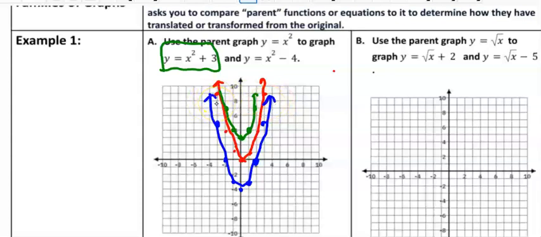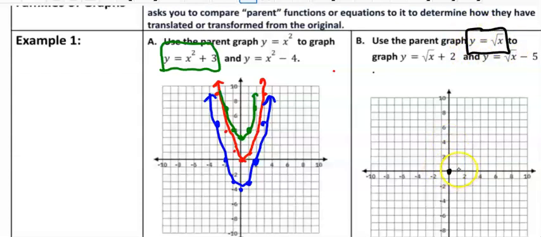Okay? The next one, what is this one here called? Square root function, correct? How many points do you have on a square root function? 4. The one on the left is a quadratic function, correct? So let's graph the square root function. I'm going to graph it in black.